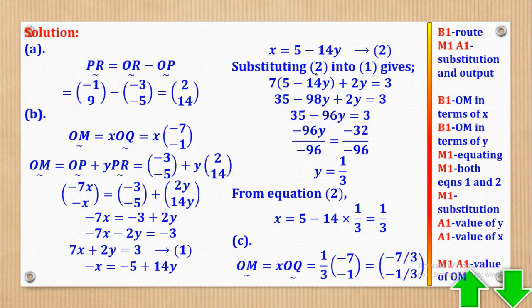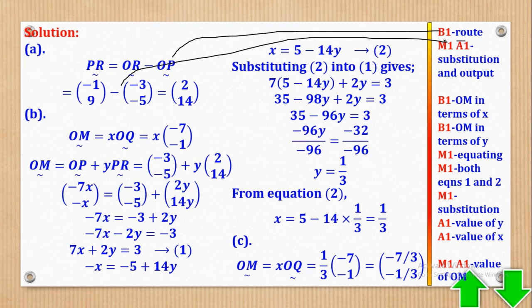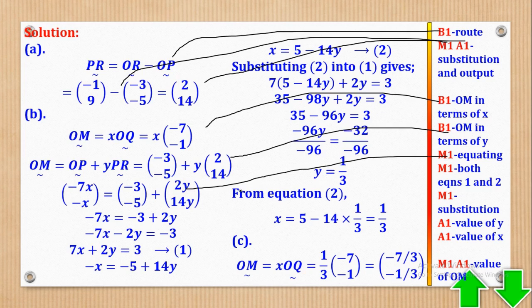So for part A, B1 is for this root, M1 for substitution, and A1 for the output. Then for part B, B1 is for OM in terms of X, and another B1 is for OM in terms of Y. Then M1 is for equating the two.